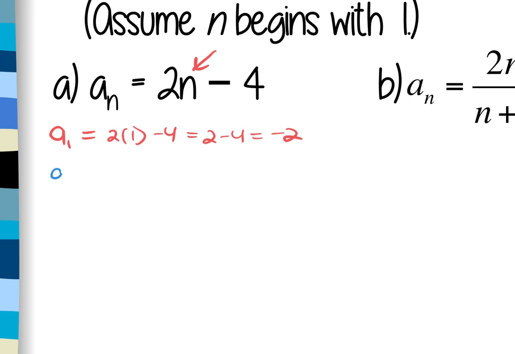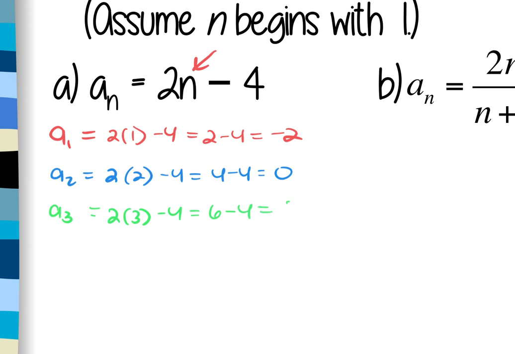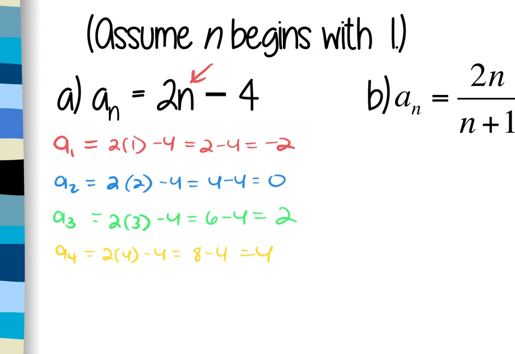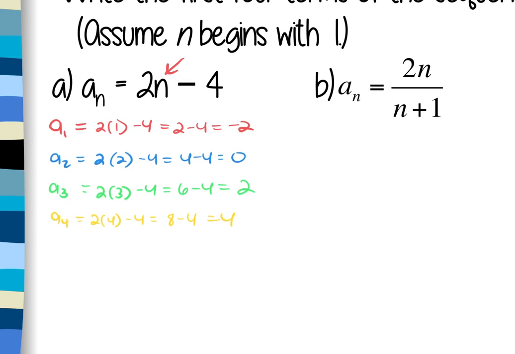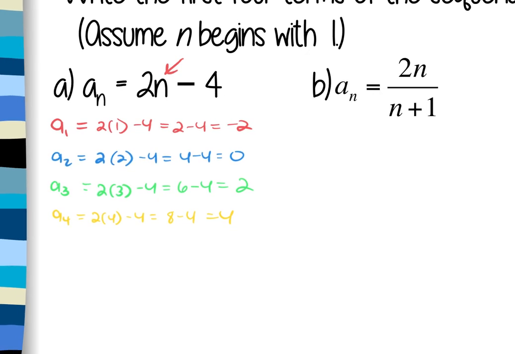Then I find A2, and I plug in 2. 2 times 2 minus 4, 4 minus 4, which is 0. And I plug in 3. 2 times 3 minus 4, 6 minus 4, which is 2, and I plug in 4, 2 times 4 minus 4, 8 minus 4, which is 4. Say first 4, and those are the first 4 terms of your sequence.